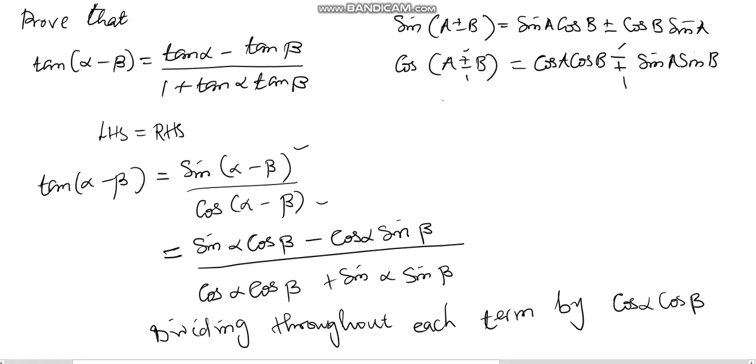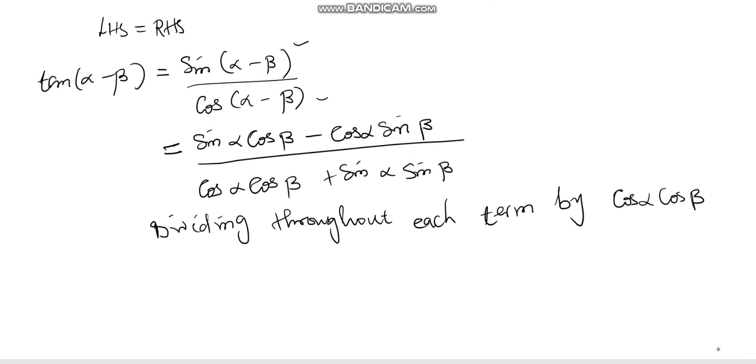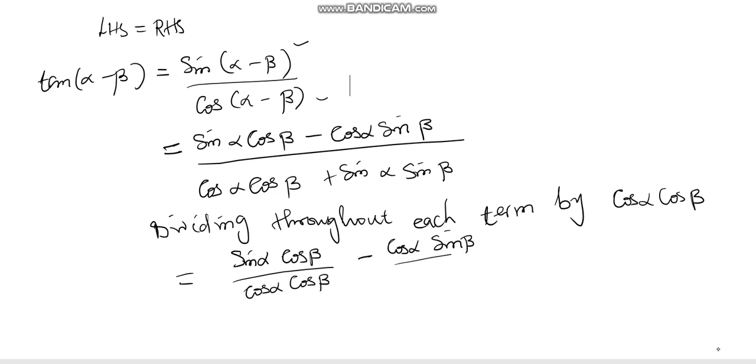So let me just scroll down a bit. This is going to give us sine alpha cos beta divided by cos alpha cos beta, minus cos alpha sine beta divided by cos alpha cos beta.